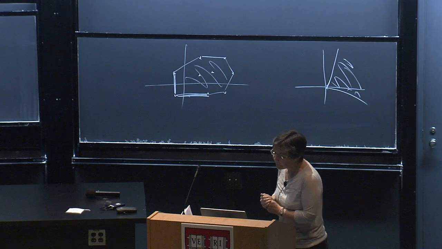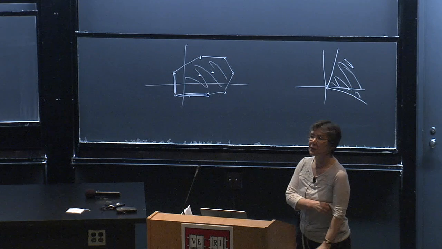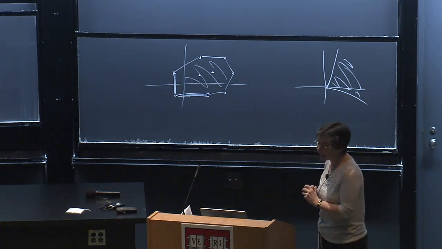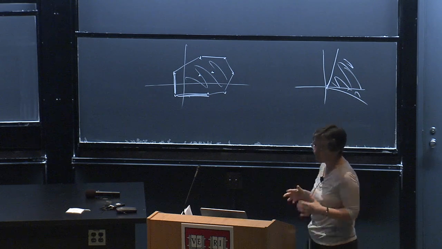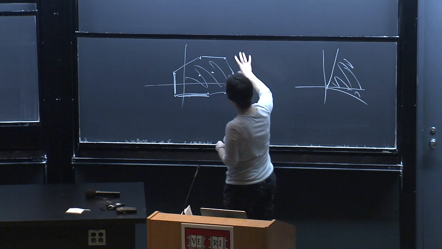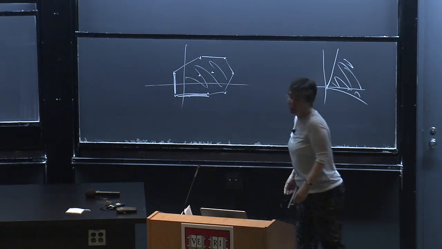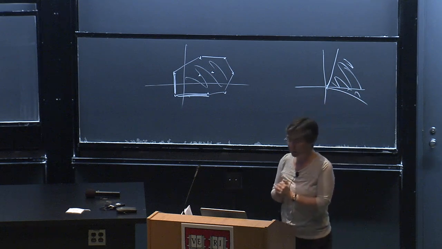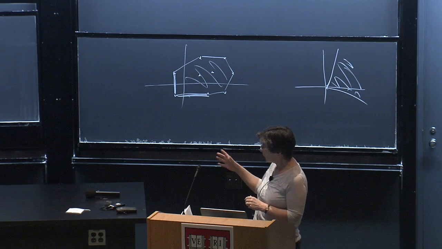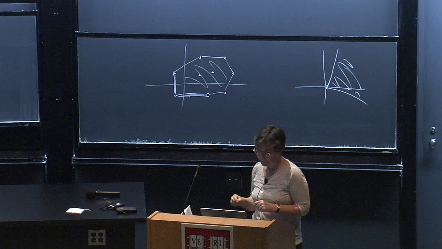So in order to have a well-behaved GIT quotient by this non-reductive group, what you have to do is twist the linearization by a rational weight which is supposed to be in the interior of this polygon, but very close to the allowable part of the boundary, and then it will have this property of twisting for the one-parameter subgroup that you've chosen.